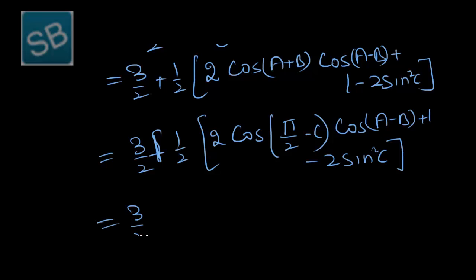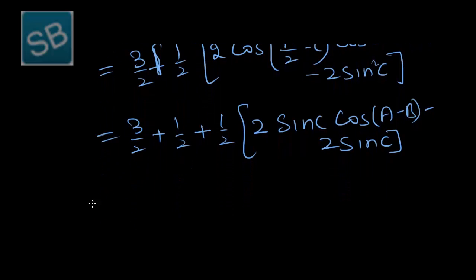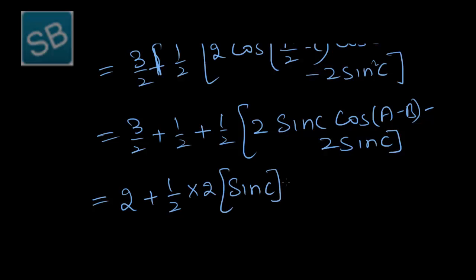So we get 3 by 2 plus half into 1 is half plus half of 2 cos pi by 2 minus c, that is sine c, into cos a minus b minus 2 sine square c. So from here 3 by 2 plus 1 by 2 is 4 by 2, that is 2, plus half, 2 is common out, we get sine c is common and we get cos a minus b minus sine c.